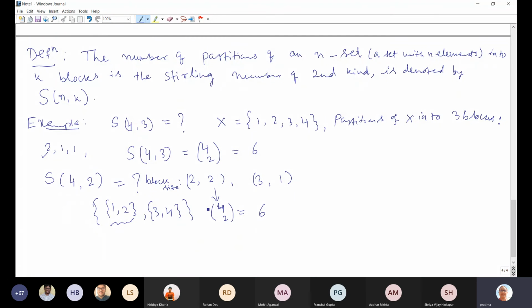So we are counting twice. Therefore you divide by 2, and you will have only 3 such partitions. Do you agree with this? It is all right. So we have only 3 partitions into 2 parts with block size 2, 2.